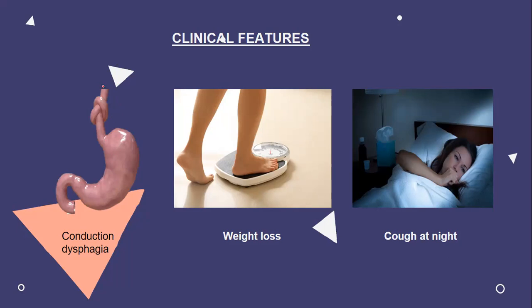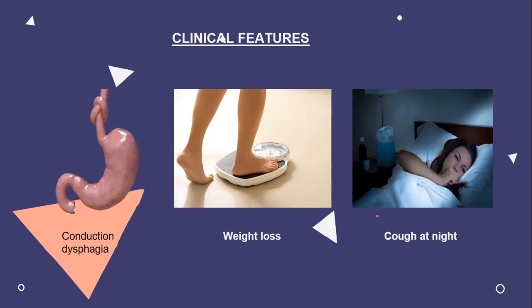So as they are stuck in the esophagus, when we are laying down, we are in a horizontal plane. So this food that is stuck here would go into the airways, okay? And that would stimulate the reflex, which is the cough reflex, right? That's why this person would have a cough at night and not during the day.